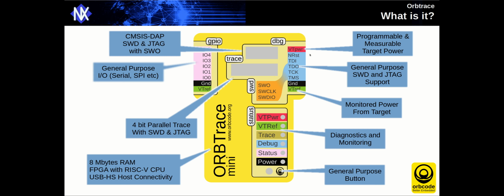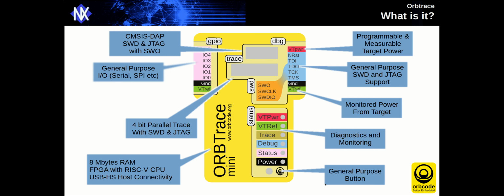And you can also use this for programming other devices like FPGAs, and in fact Orbtrace is self-hosting. You can use Orbtrace to program Orbtrace, and this is the preferred way of working nowadays, using Open FPGA loader. You can also monitor the voltage level from the target itself to see how that's behaving, and there are various diagnostics and monitoring going on.